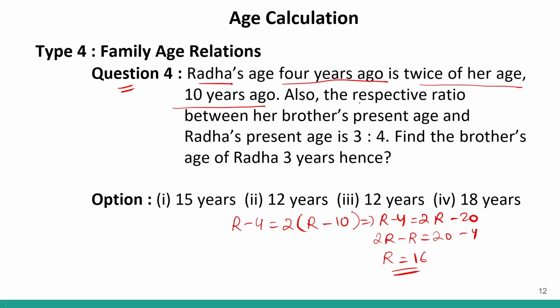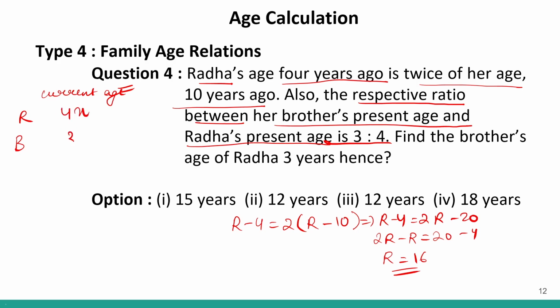Now, the ratio between her brother's present age and Radha's present age is 3:4. So we are talking about current ages. If Radha's present age is 4x, the brother's present age is 3x. This is given in the question, the ratio of brother to Radha.